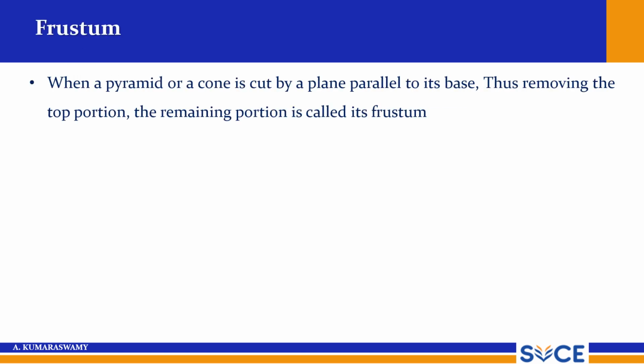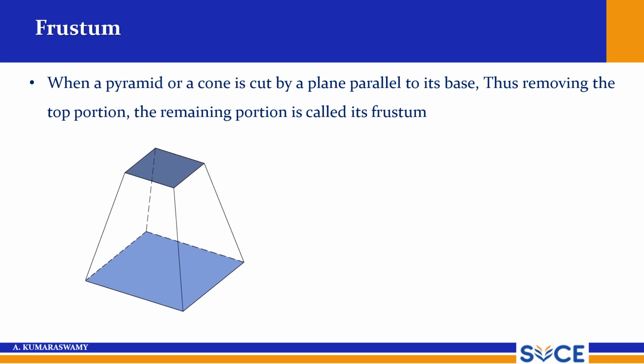Frustum: when a pyramid or cone is cut by a plane parallel to its base, or we can say parallel to the HP, horizontal plane, thus removing the top portion, the remaining portion is called the frustum. So frustum is like this. We have seen the frustum of cone while describing the first angle projection symbol, right?